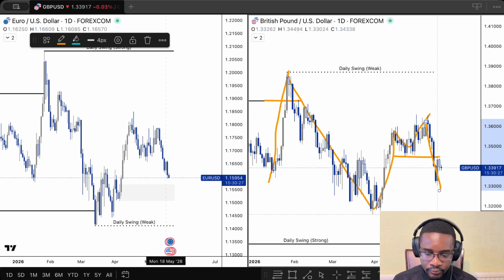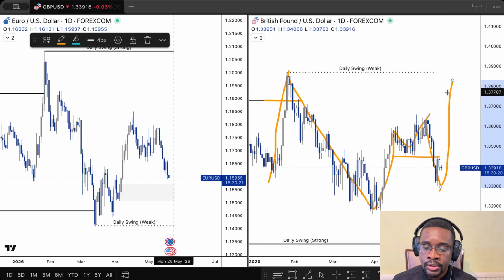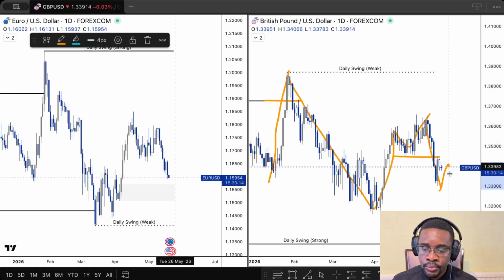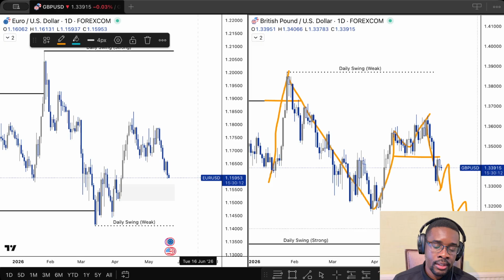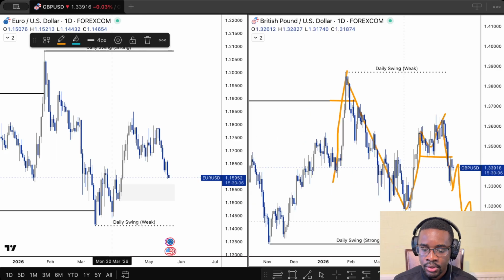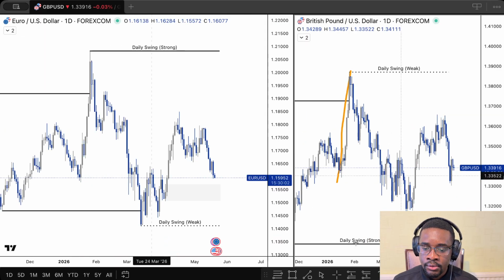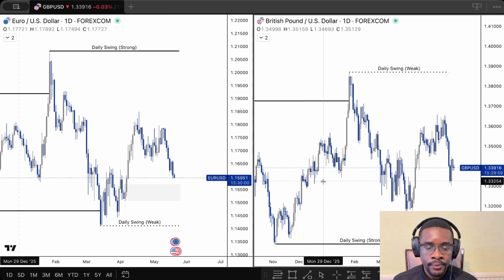Okay, so price could eventually be ready to push higher, or this is just a small pullback as price continues until it makes a new low, breaking this strong low right here. So on the daily right now there's not much.